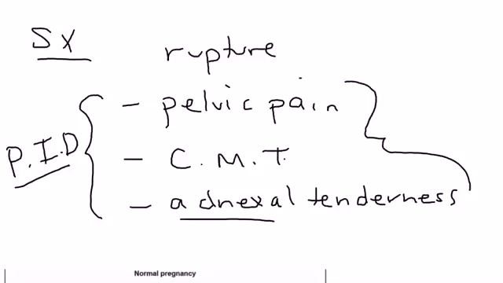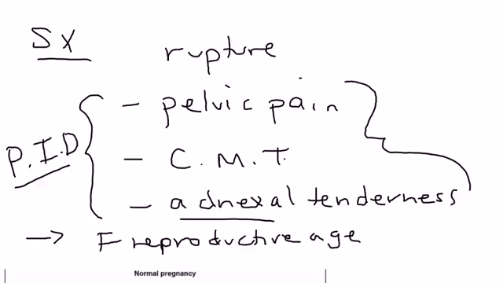Well, one of the key things that you need to look for is, in ectopic pregnancy, you should suspect an ectopic pregnancy in any female of reproductive age who has these symptoms but also has vaginal bleeding.